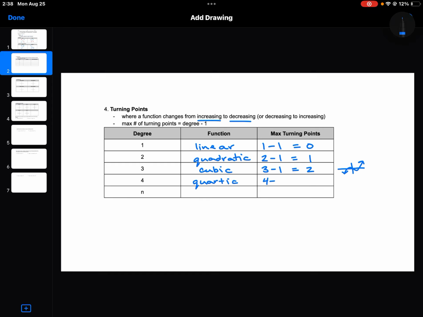Maximum number of turning points is 4 minus 1, which is 3. And a quartic function kind of looks like a W, which has the 3 points where it changes direction, or up to 3 points. Okay, so if you have an nth degree function, your maximum number of turning points is n minus 1, as we said above.